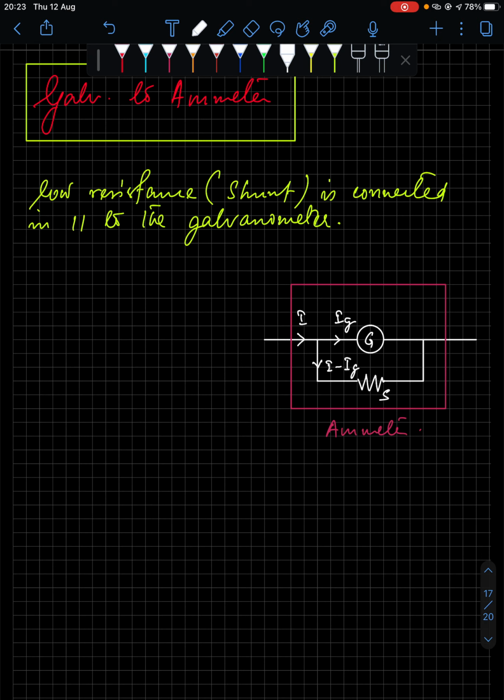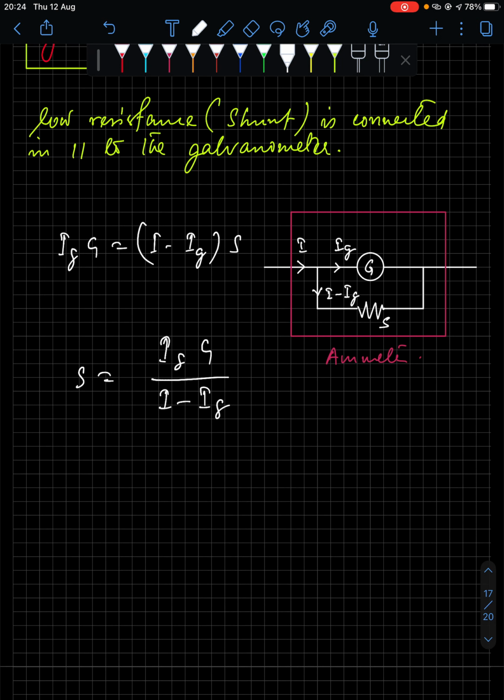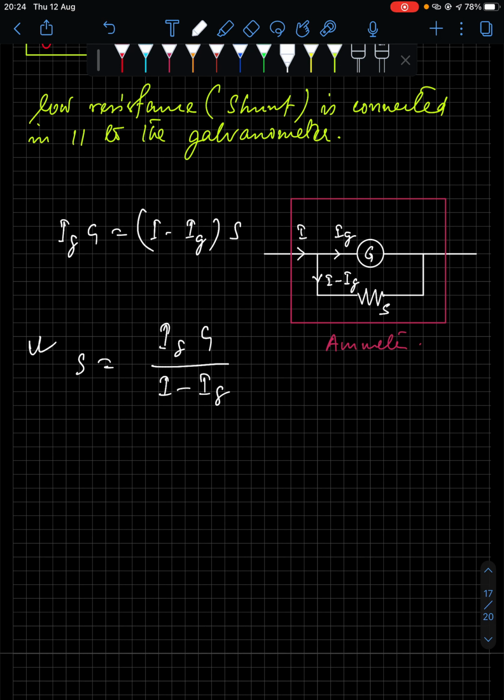Therefore you can write the voltage across the galvanometer is Ig into G, and that is equal to I minus Ig into S, the voltage across the shunt resistance. Therefore, S equals IgG divided by I minus Ig. So this is your relation for shunt resistance. You need to remember it.